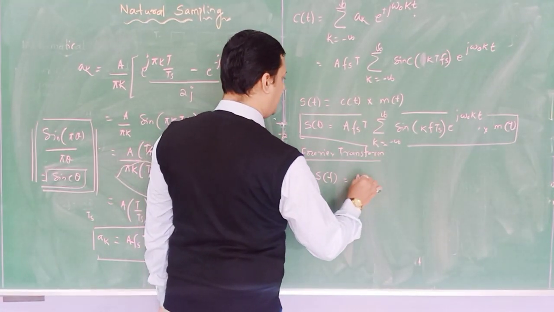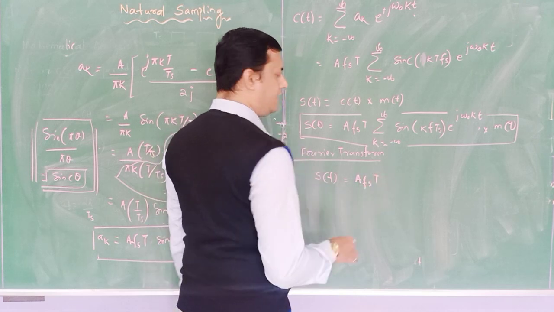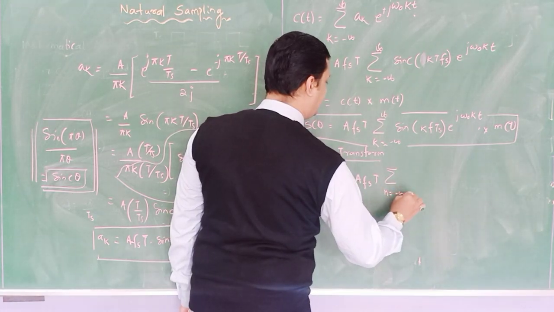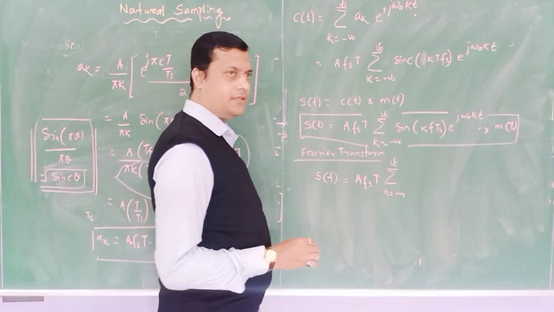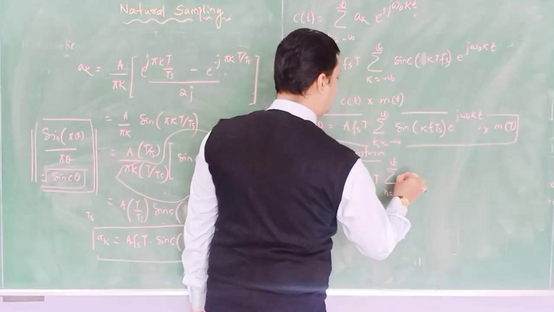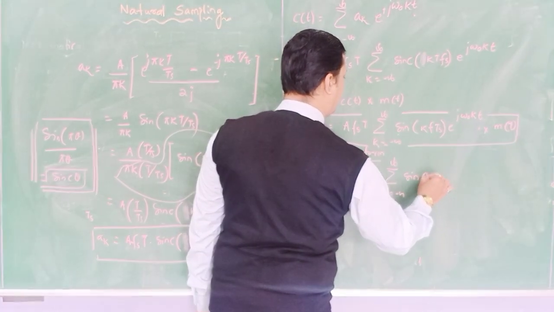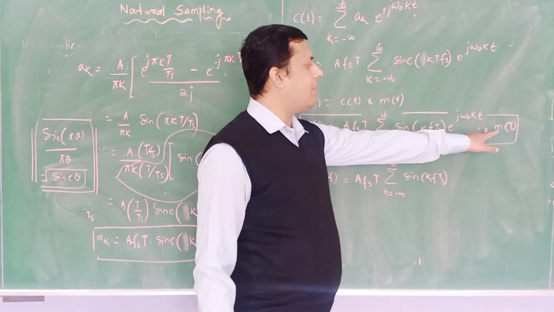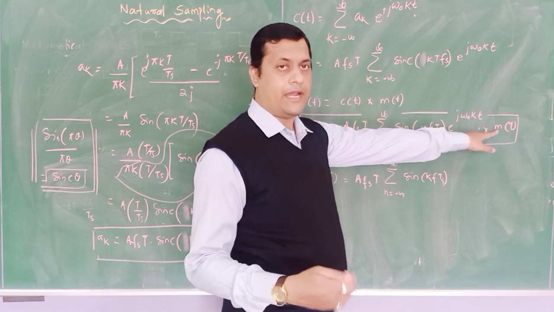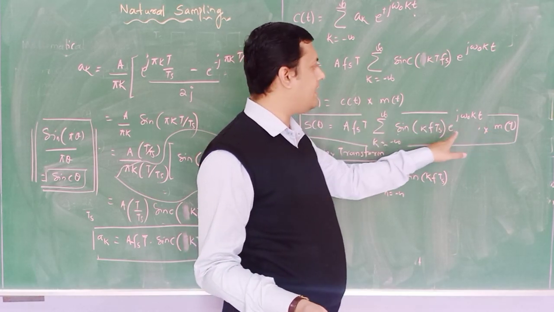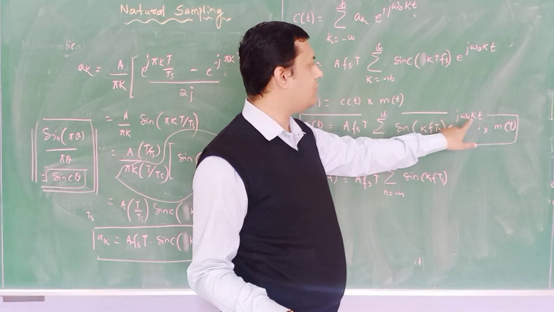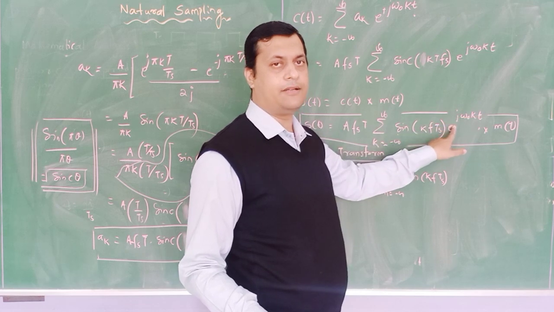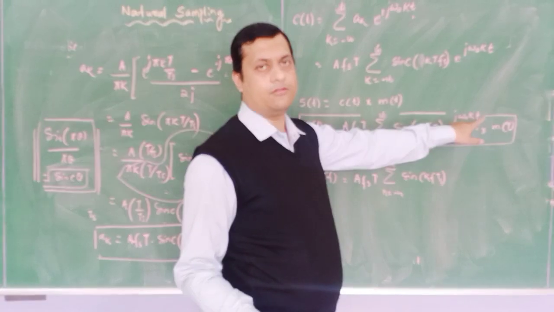Let me write first A Fs into t, then convolution means summation n equals minus infinity to infinity, then this is the constant function sinc of k Fs into Ts. You can see m of t will become m of f or m of omega, and there is a frequency shifting with omega naught k into Ts.